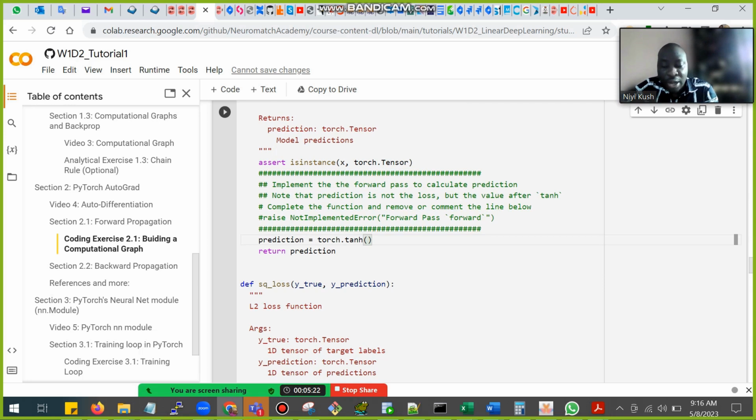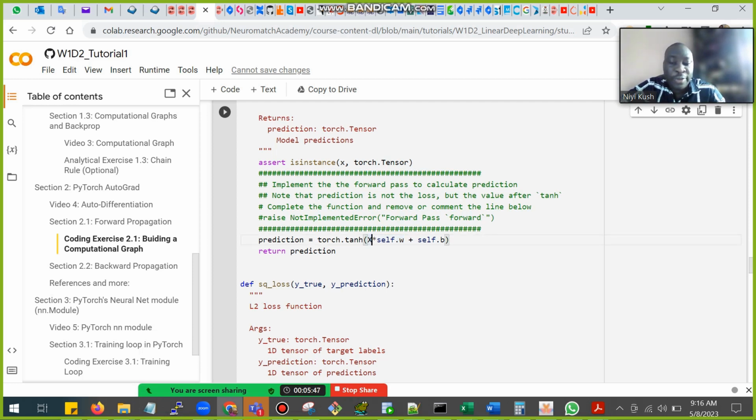we have our x multiplied by our parameters, then plus self.b. Like I said earlier, these are parameters, and we are using self because this is in a class.